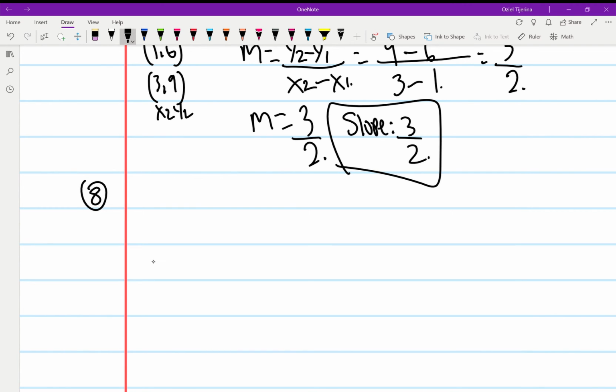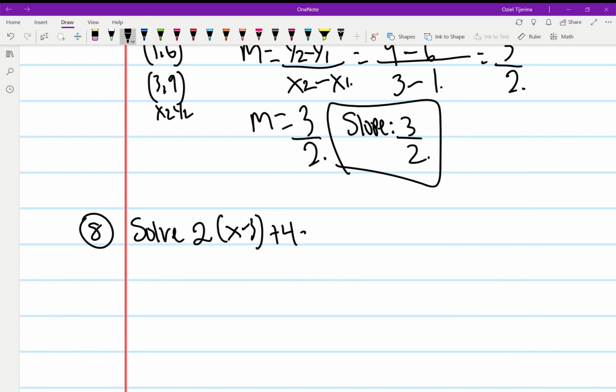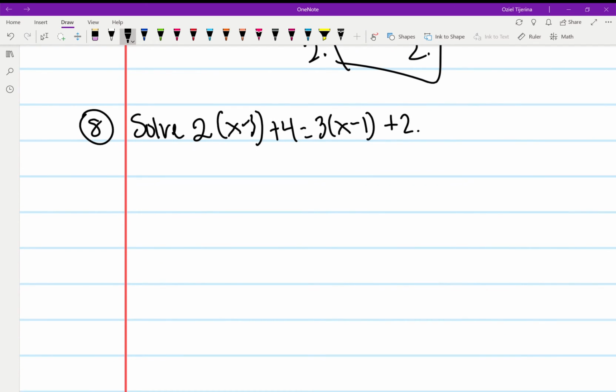So, we have solve 2 times x minus 3 plus 4 equals 3 times x minus 1 plus 2. So we're going to go through this step by step. So we have number 1, use distributive property.